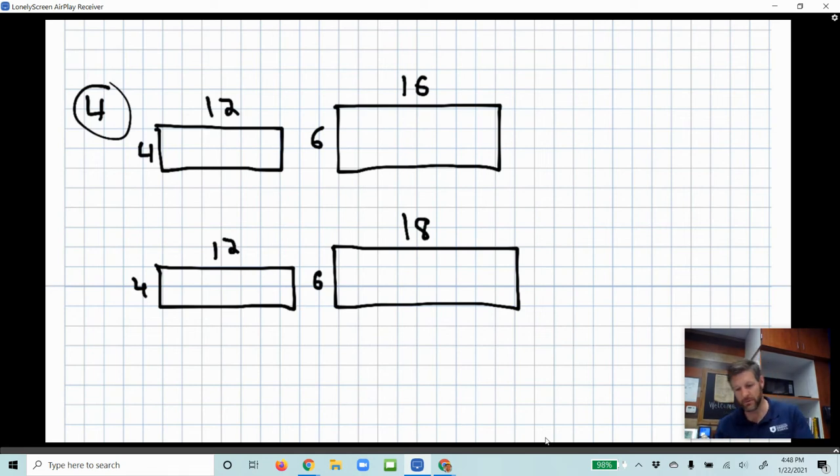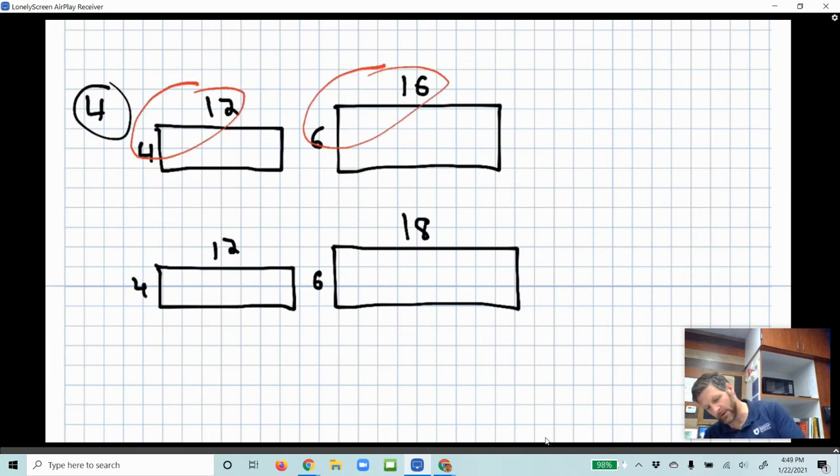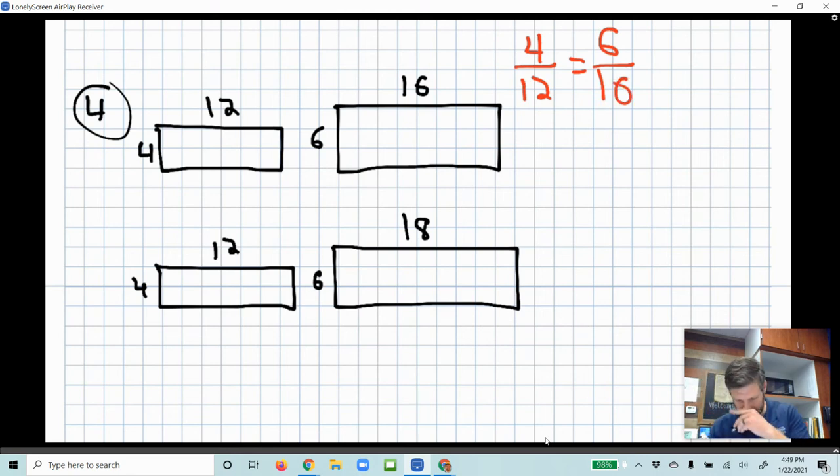Let's go ahead and just do both. So first of all, we can set up a proportion. There's lots of ways to do that, but in this case, I'll just do a ratio of the sides to one another. And so I'll say 4 to 12 would have to be the same as 6 to 16. Those would have to be equal.